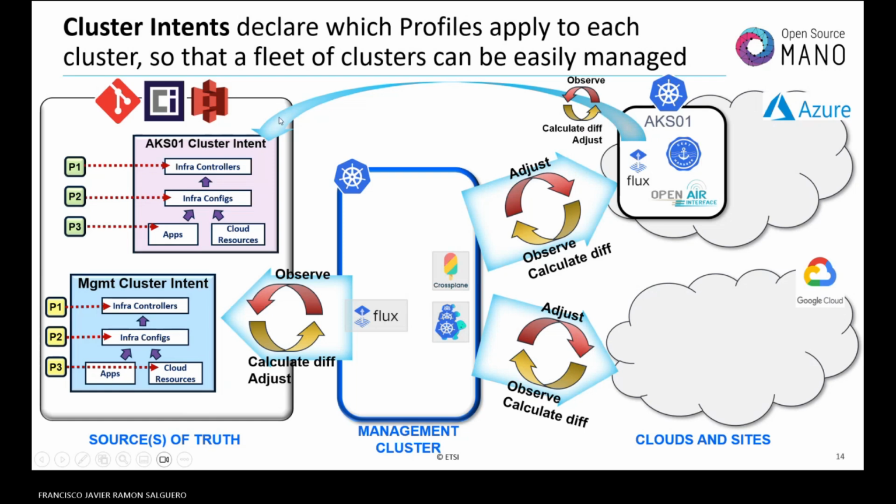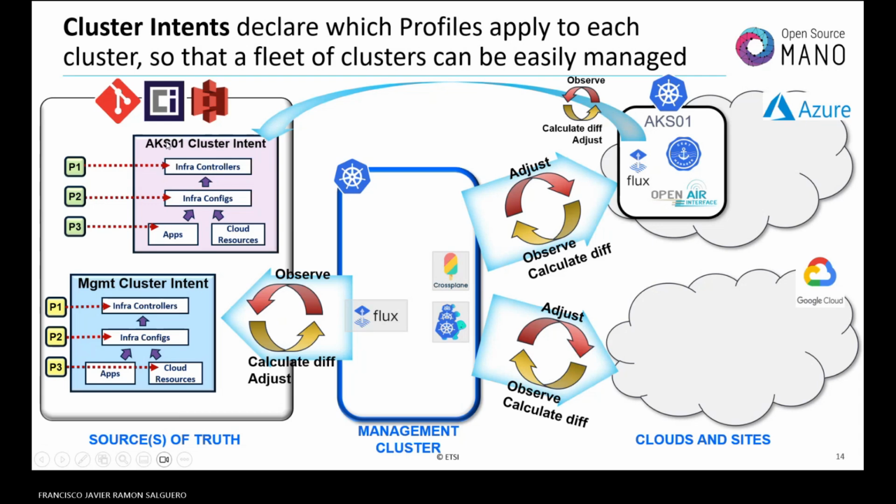So once they are injected, they will watch my sources of truth. So not all the flows will go through a single point of failure. The management cluster is only making sure that the endpoints are alive, only that. So all of them become autonomous once the bootstrap process has happened.